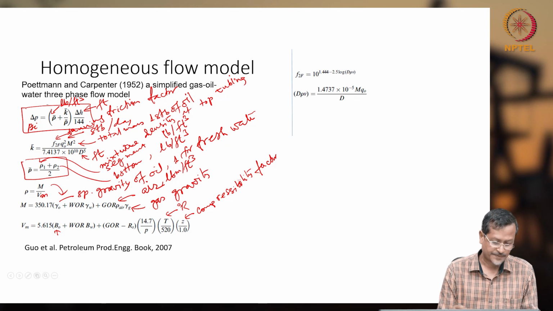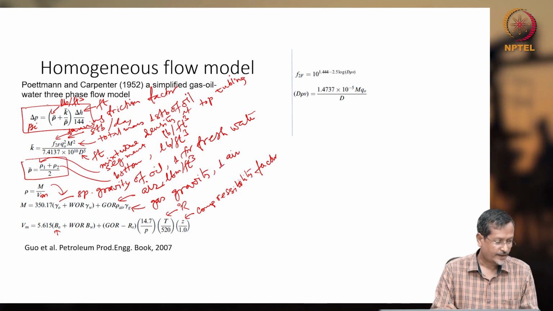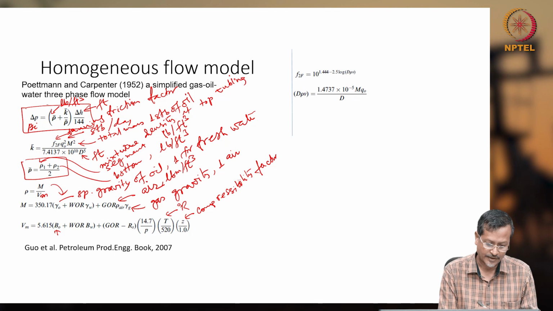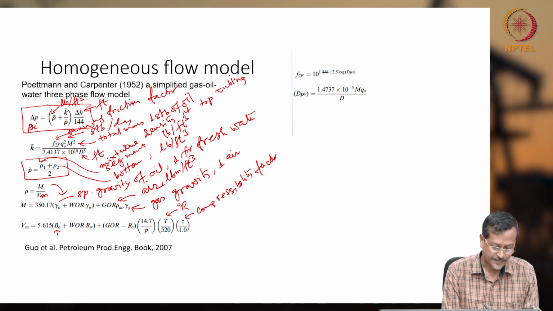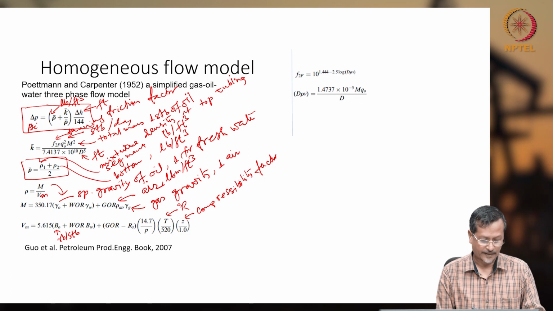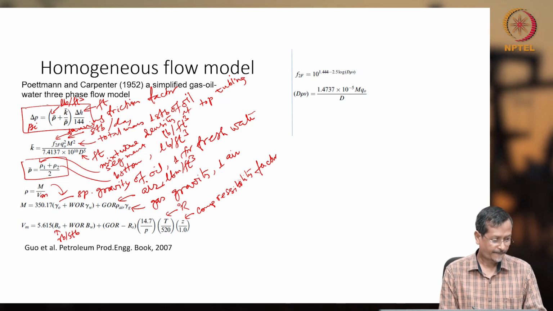Gamma g, gas specific gravity, 1 for air. VM, volume of mixture associated with 1 STB of oil. Bo, formation volume factor. We know already the unit is RB by STB, reservoir barrel divided by stock tank barrel. And Bw, formation volume factor of water.